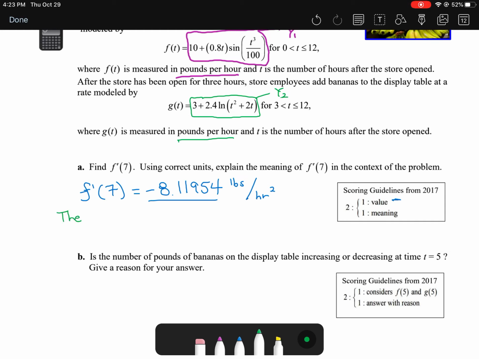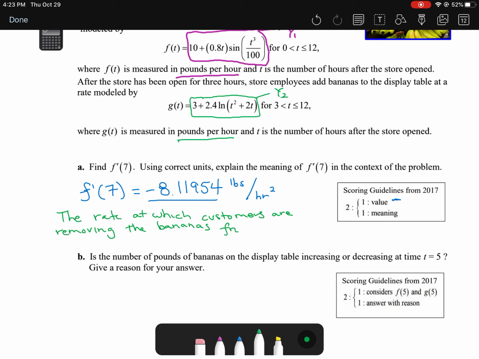Okay, so again, that's where we want to practice that NUT acronym. So the rate at which customers are removing the bananas.